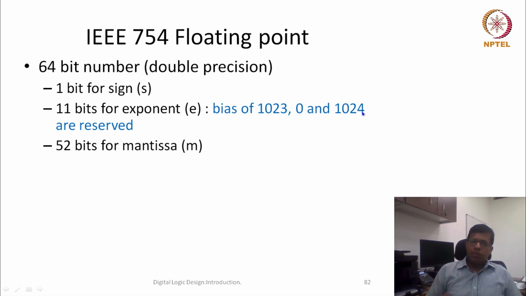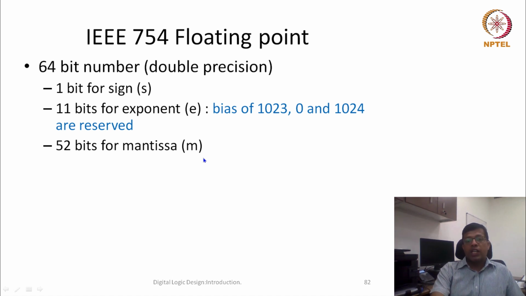The meaning of the reserved values is the same as we discussed in single precision: 1024 represents infinity and not a number, and 0 means either 0 or denormal numbers. The rest of the bits, 52 bits, are for the mantissa.